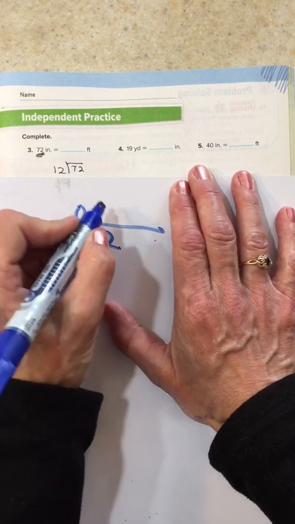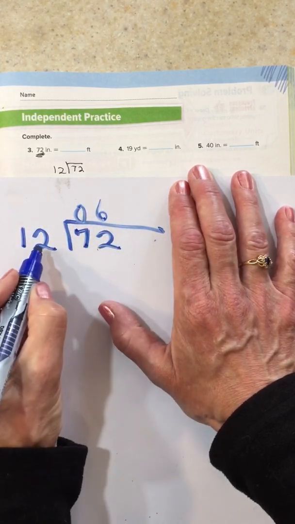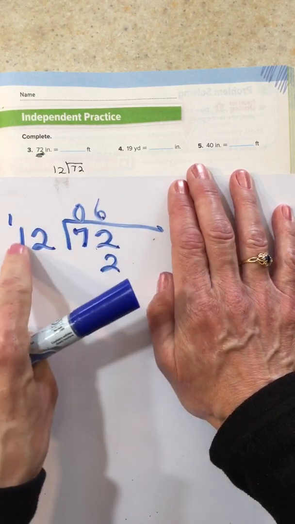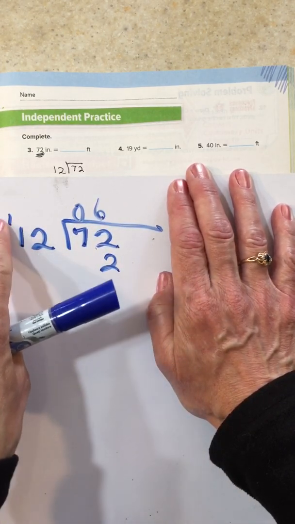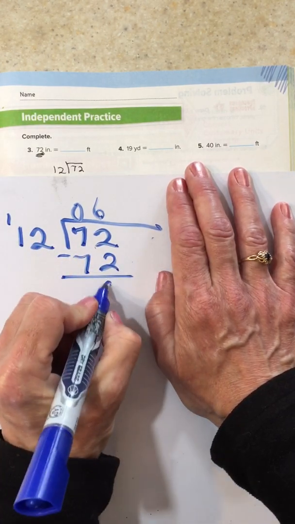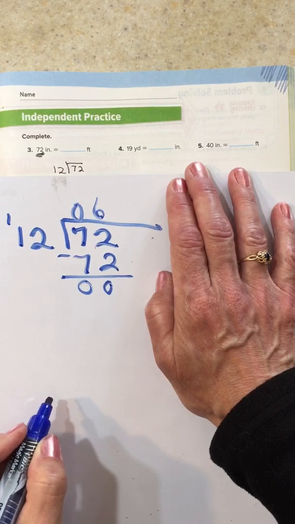Let's try 6. 6 times 2 is 12. I like to do it sideways. 6 times 1 is 6, plus 1 is 7, so 72. And once again, that's a fact you might already know in your head. It came out perfectly.